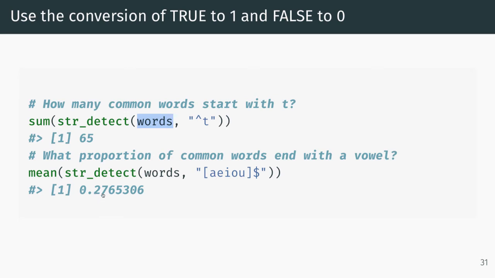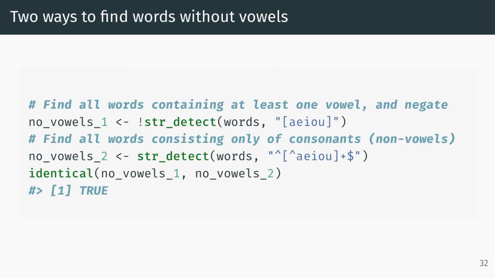And here we're finding that 27% end with a vowel, although Y is conspicuously absent from this list of vowels. So we can find all the words that contain at least one vowel and negate them to find words without vowels. Now I should point out, I was a little skeptical about whether there are words without vowels.